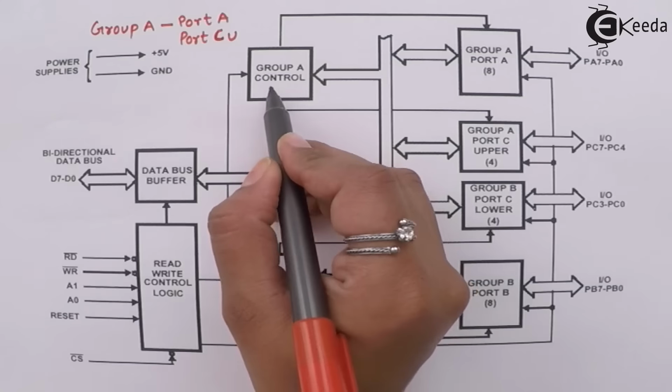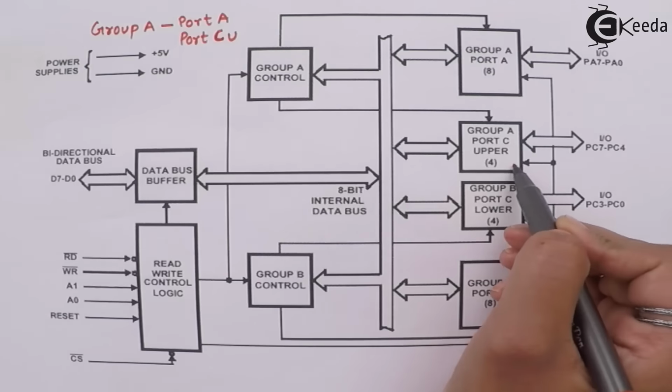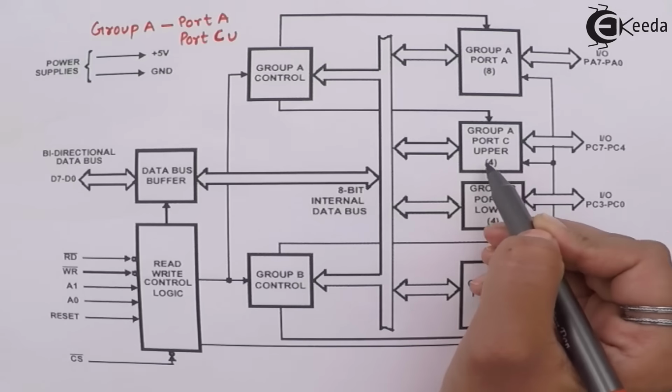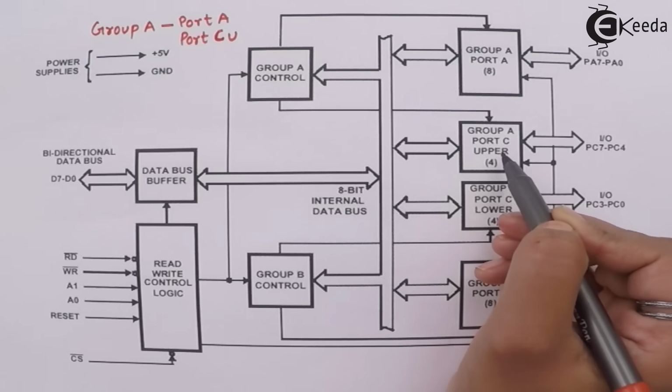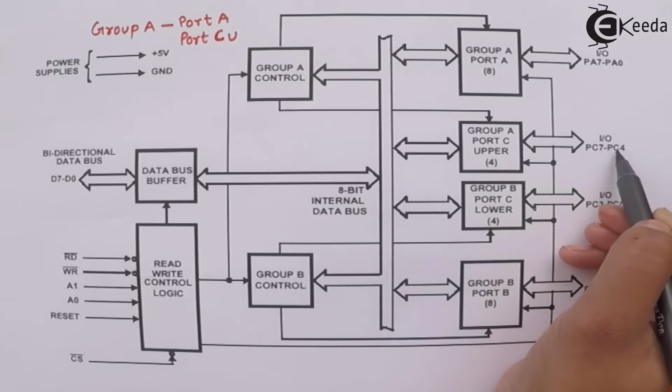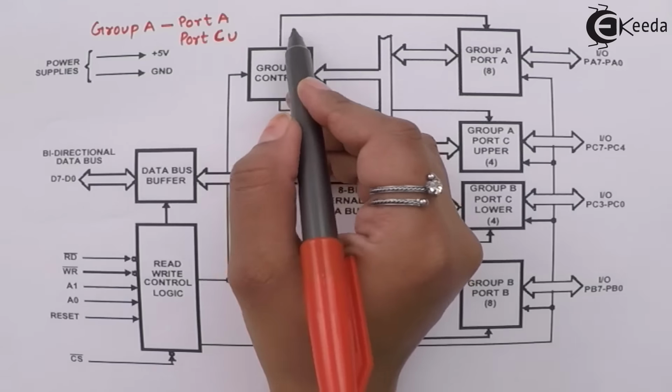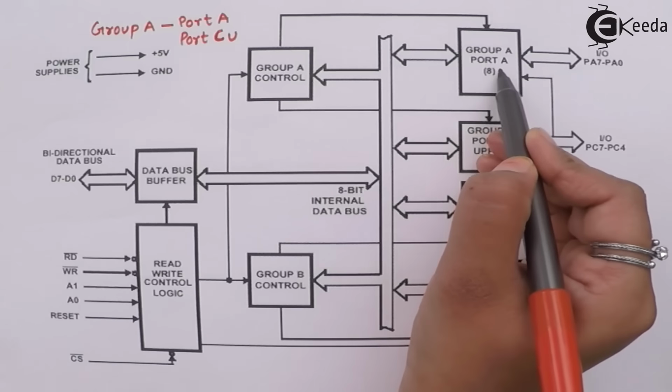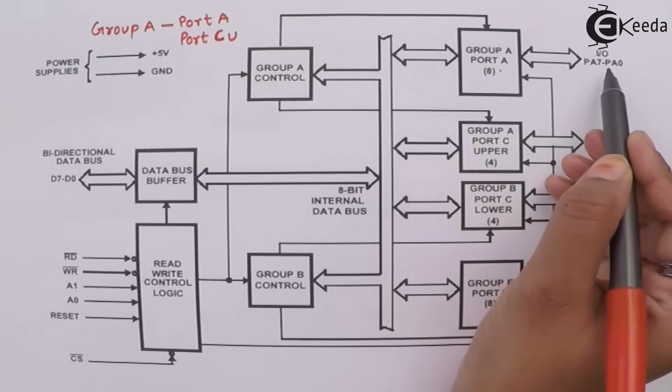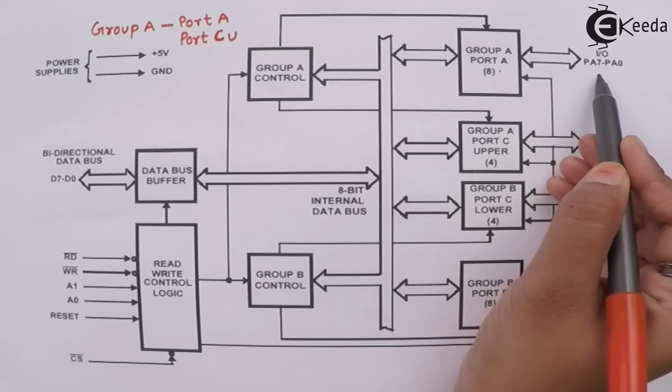You can see that Group A control is controlling the Group A port C upper, the 4 lines from PC7 to PC4, and also the Group A port A, which has 8 lines, PA0 to PA7.